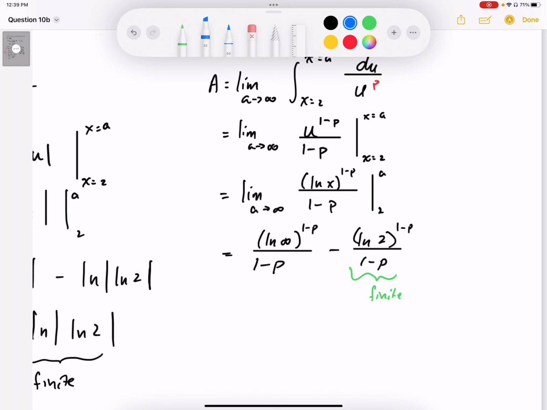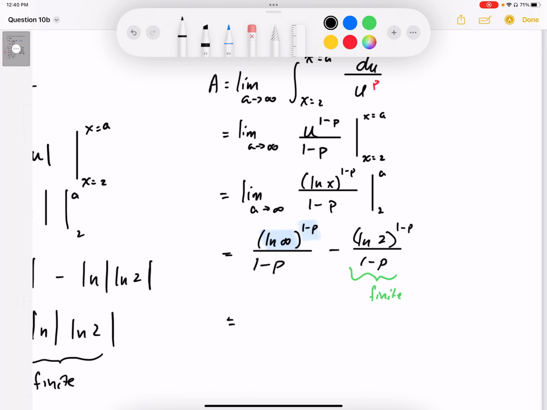The 1 minus p in the denominator is not significant as long as it's not equal to 0, and p is not equal to 1, so it's not equal to 0. So when I look at that part, I really want to know if it's going to converge to 0. And in fact it does.